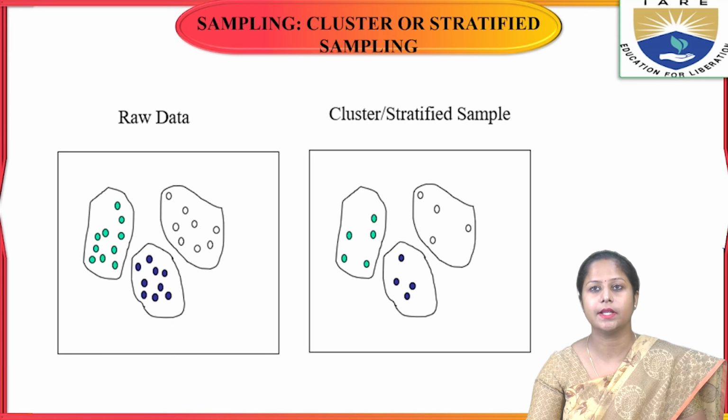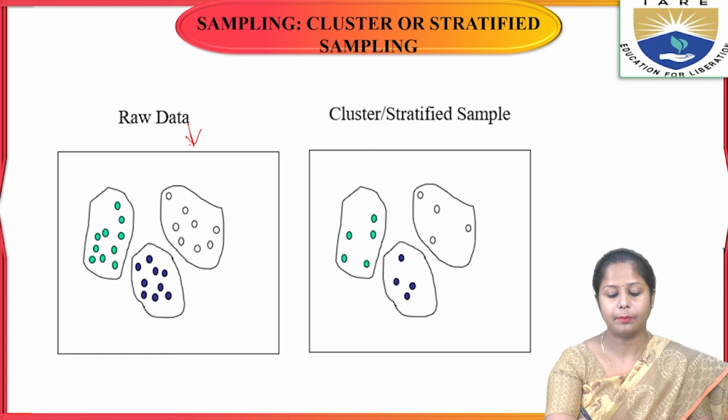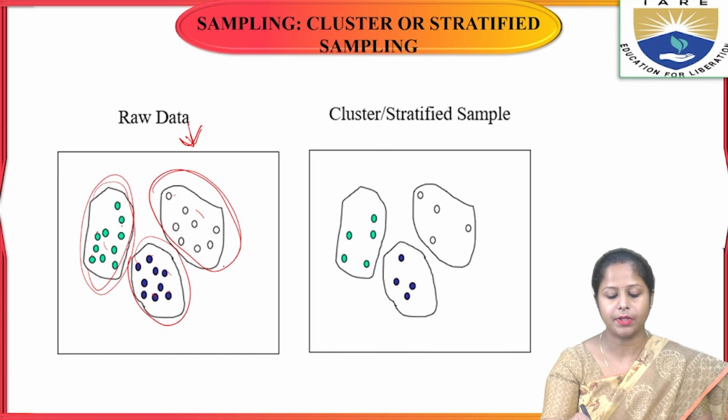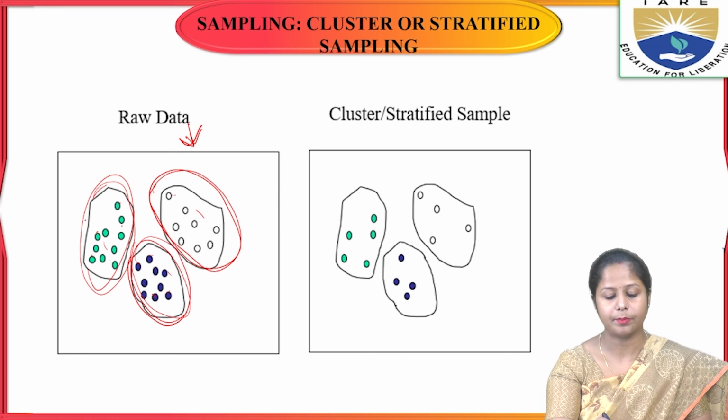This is an example of the data, a graph showing cluster and stratified sampling. These are some data points from the data set, and these are the clusters. They separate some forms of data items separately.